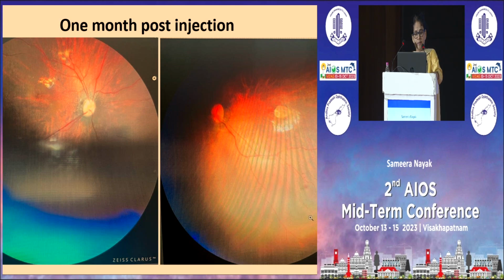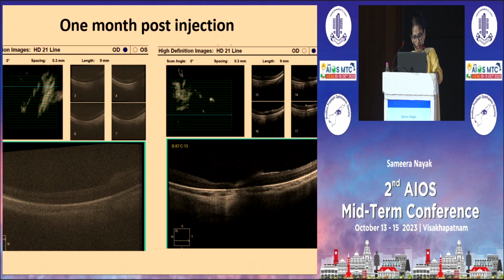You can see there was parafoveal scarring in the right eye, and in the left eye there was scarring sitting on the macula, and there was no sign of active inflammation or infection. And this was the OCT picture in the right eye. It was normal, and in the left eye, you can see there was outer retina damage with foveal atrophy corresponding to the macular scar.